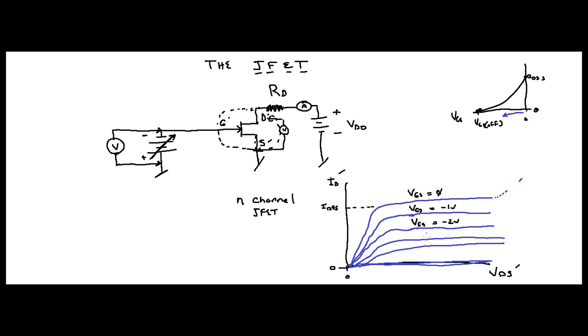So depending on your VGS voltage will give you the constant current that your transistor is able to allow to pass, until you get to VGS off. This last one I drew here is VGS equals VGS off. That means no current is flowing.